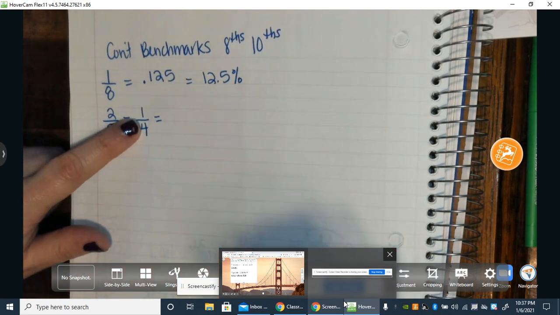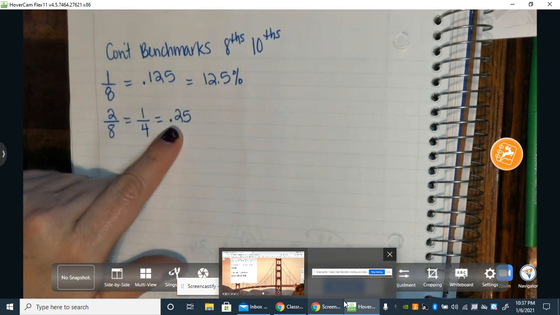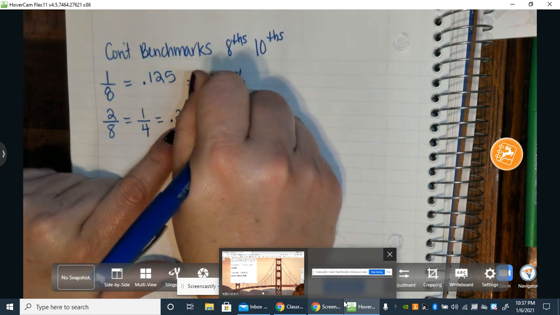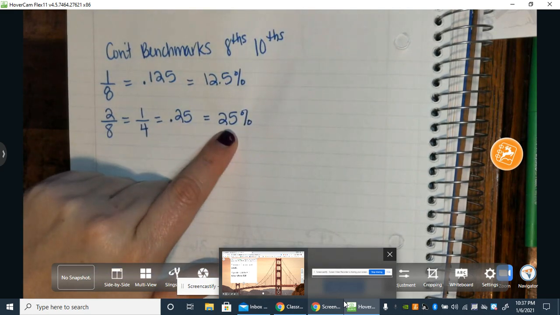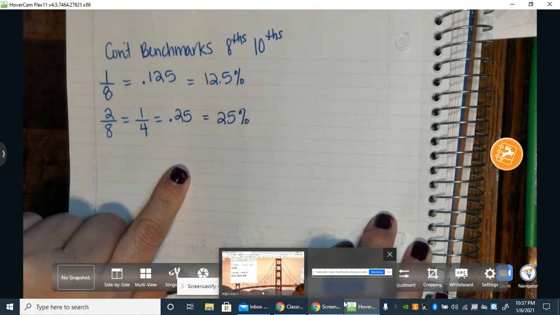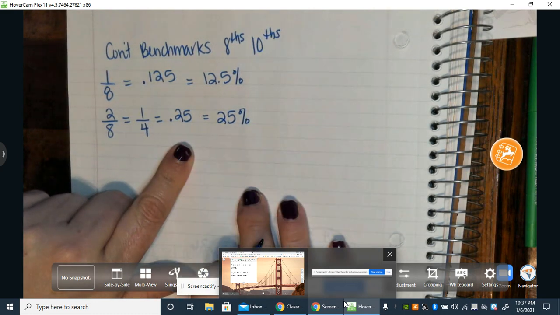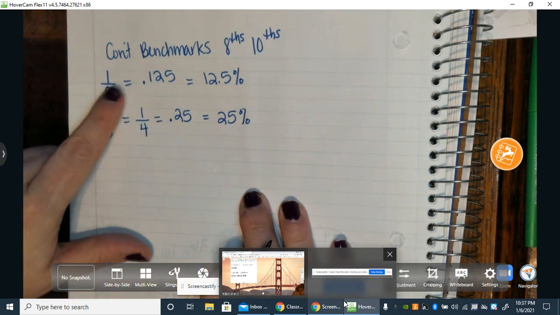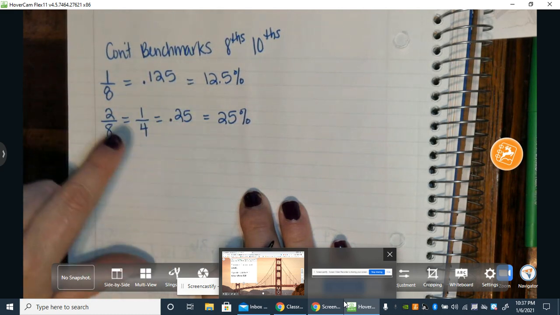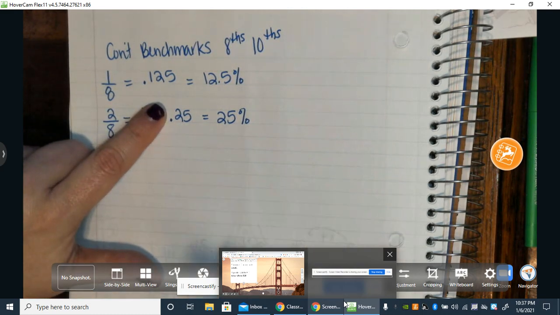Well, I know 1/4's value is 25 hundredths, like 25 cents, which is 25%. So if I split 25% in half, it doesn't go in evenly. It gives me a decimal. So half of 25 is 12.5. Therefore, 1/8 is 12.5%. So that's the reason why 1/8 is 12.5% or 125 thousandths.